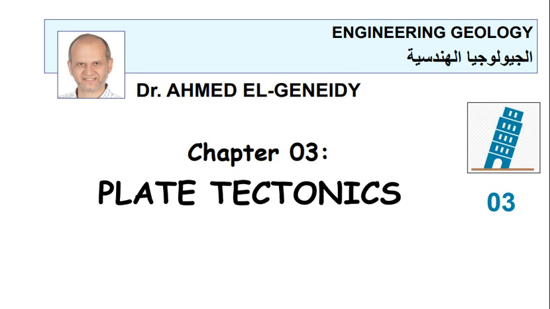Part of the building will move with the first part of the rock, and the rest of the building will move in another direction with the other part. So the building will be split into pieces and it will be shattered down. It will fall down. So this is what we are going to study in chapter 3, plate tectonics.